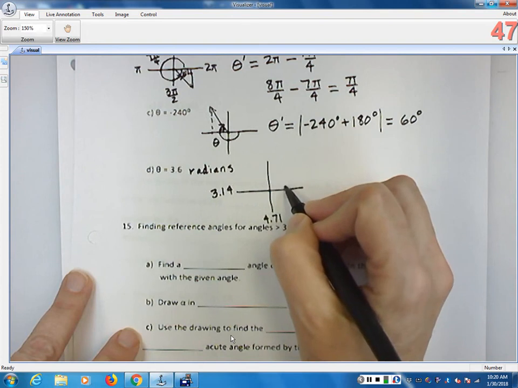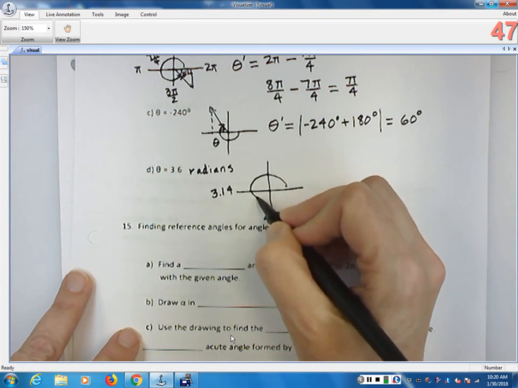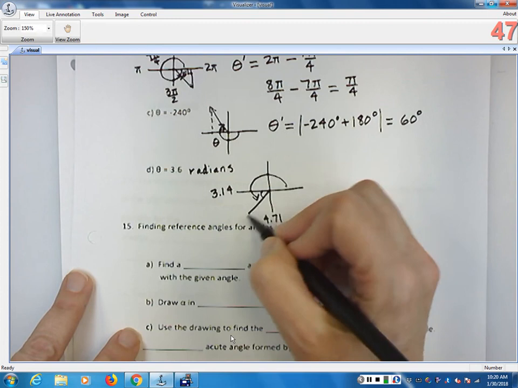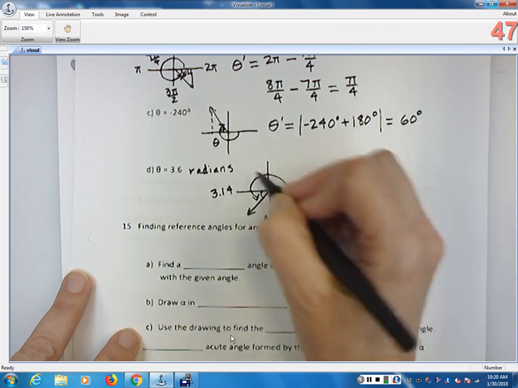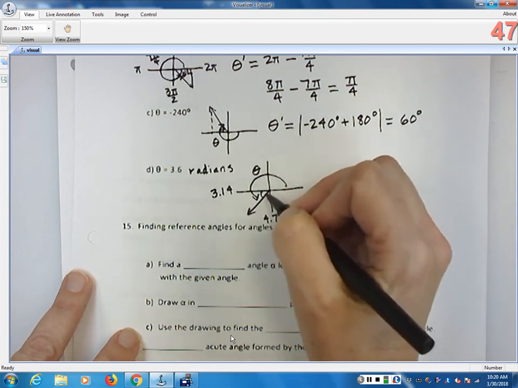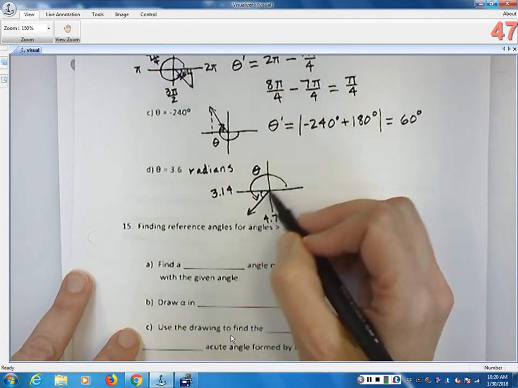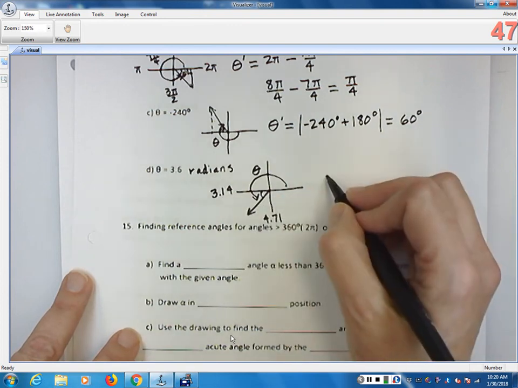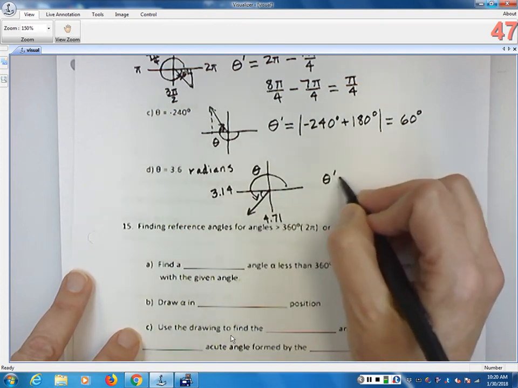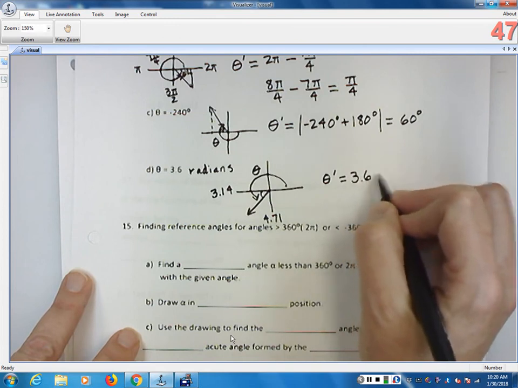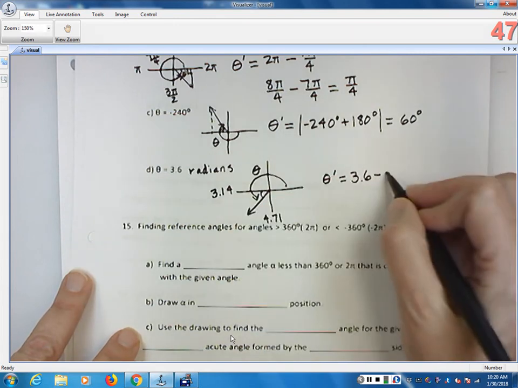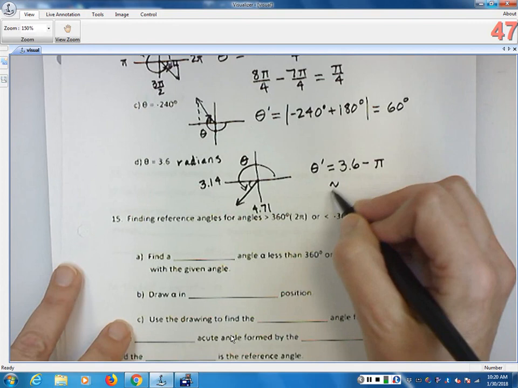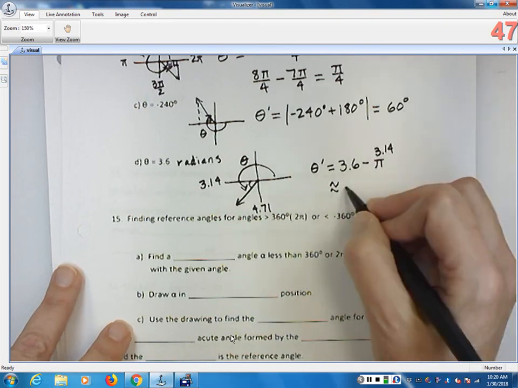So 3.6 is somewhere over here. So this is going to be our theta prime. We're going to take this angle, 3.6, and subtract. Theta prime is going to be 3.6 minus pi, or approximately 0.46.